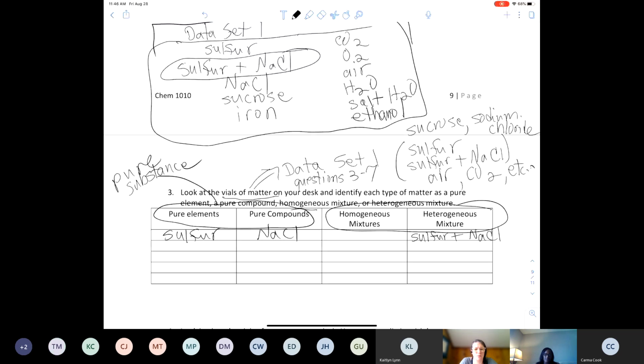Okay. And the iron, pure element. Carbon dioxide, CO2. Say pure compound. Very good. It's made of two different elements, right? Two different types of atoms, carbon and oxygen. So that makes it a compound. What about oxygen, O2? Pure element. Very good.